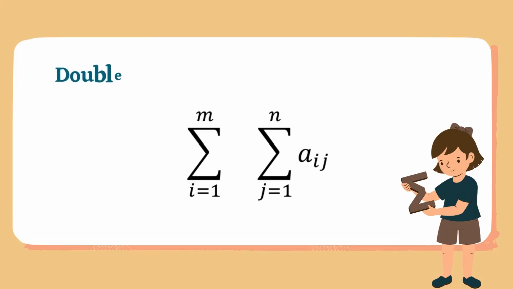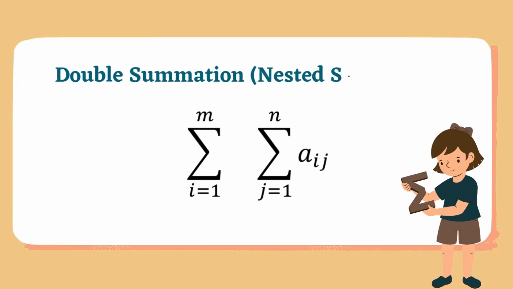Another is the double summation, also known as nested summation. This is written as the sum of a sub i j, where i is from 1 to m and j is from 1 to n.